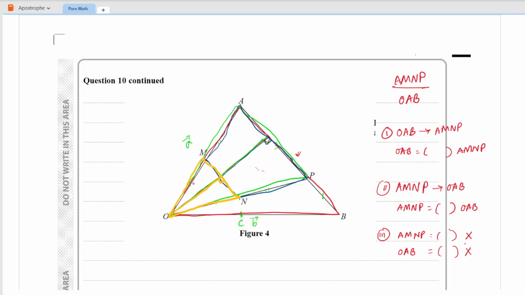so since I've drawn all of these, if you notice here, OAB has the base AB and the height this, and AMNP is nothing but OAP minus OMN. Okay, OAP minus OMN.